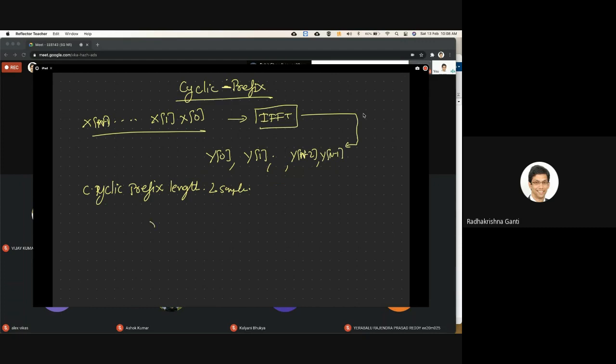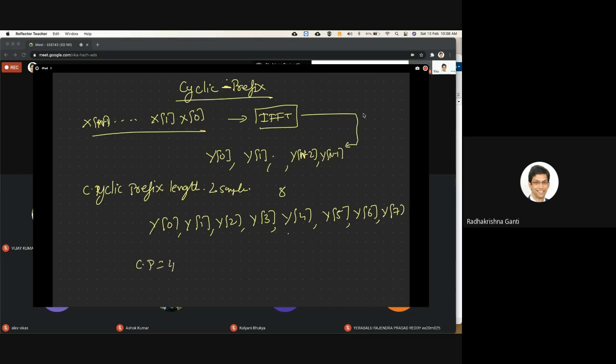Suppose your FFT size was 8. So you have Y0, Y1, Y2, up to Y7 as your output. Suppose your cyclic prefix CP length is equal to 4.